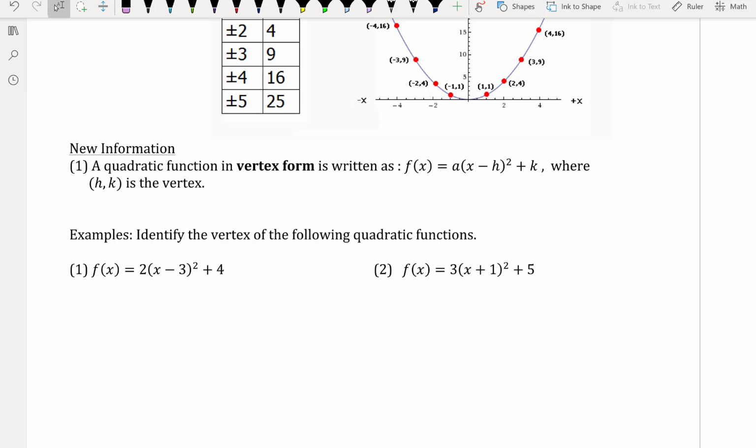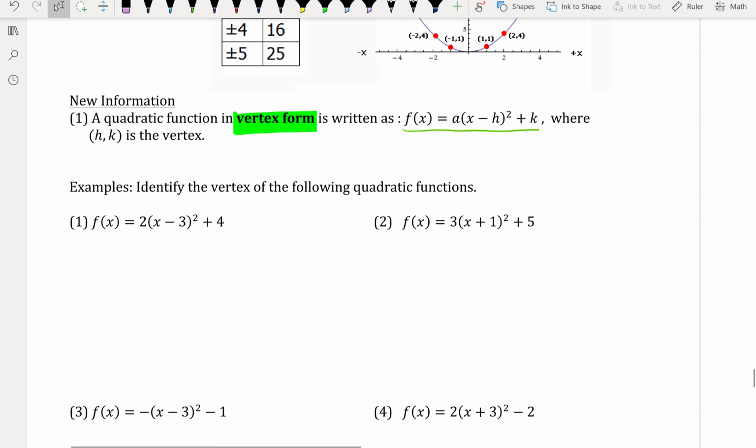Now the new information. The quadratic in vertex form, so this is new vocabulary, is written as a(x minus h) squared plus k, where the vertex is (h, k). Okay. So this is a new way of approaching this problem.